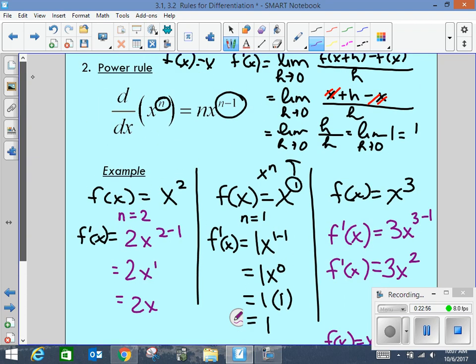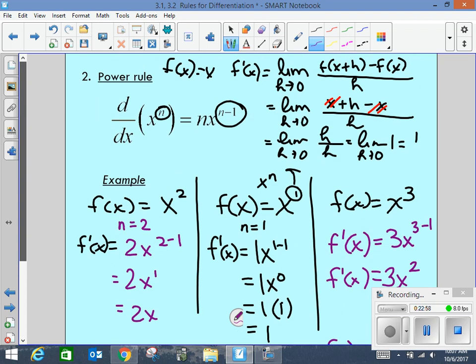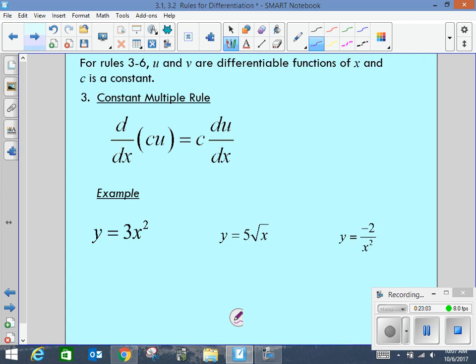That's a simple power rule, simple constant. Let's put the constant and the power rule together. Okay? Now, this is the constant multiple rule. Constant multiple rule means you are multiplying a constant by a function. U is a function. C is still that constant. Okay?